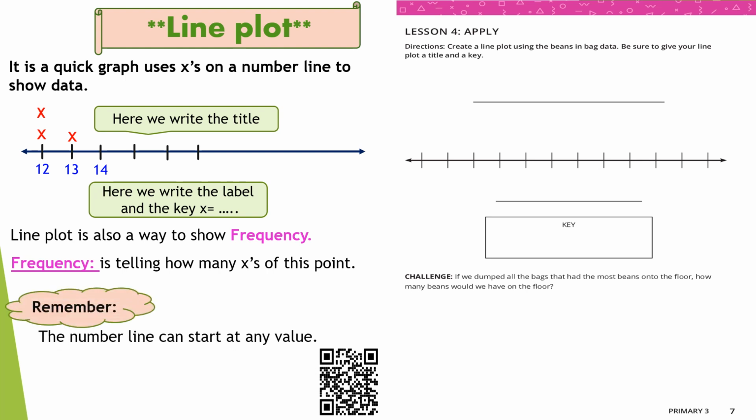And don't forget, as we said, the number line can start at any value. Here in lesson 4, let's apply in our math book. Create a line plot using beans in bag data. Be sure to give your line plot a title and a key.